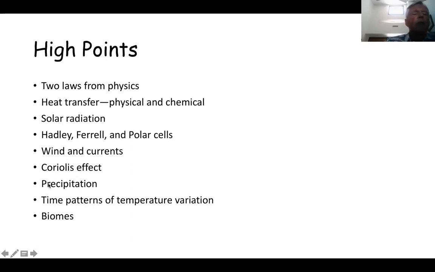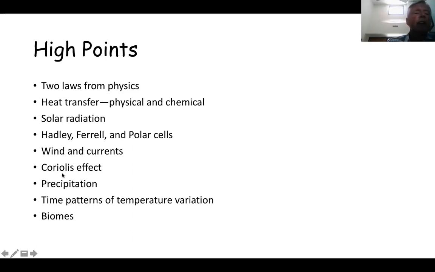We talked about how precipitation maps onto the Earth and that does not follow exactly from the patterns of solar radiation, but does follow very predictably from our understanding of the creation of Hadley, Ferrel, and polar cells. We talked about the various time variation patterns in temperature from daily to seasonal to decadal to very long Milankovitch cycle variations in temperature.